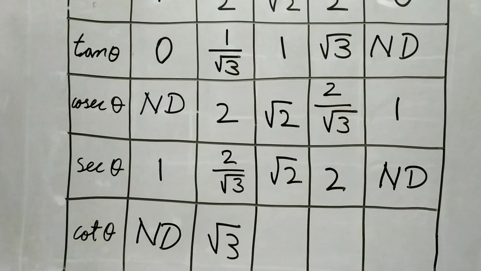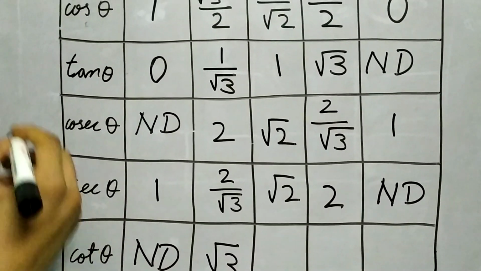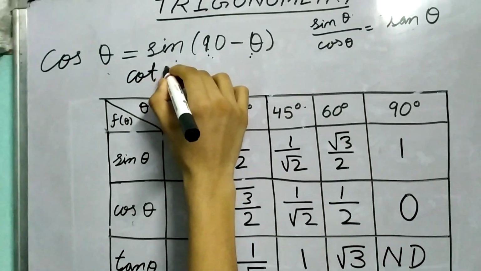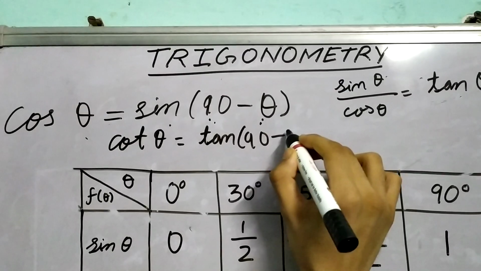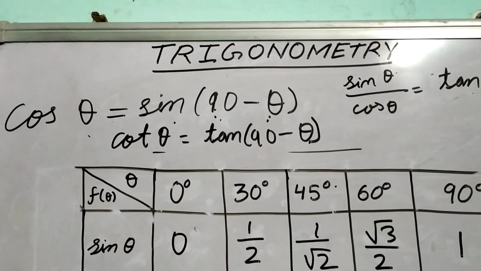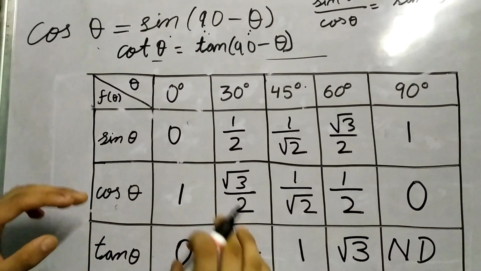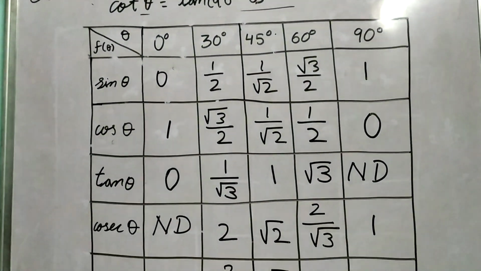Okay, and another way to prove this is that cot, we know the relationship, right? Cot theta is nothing but tan of 90 minus theta. Okay, we know this relationship, so we can just do the way we did for sine and cos. Okay, so we can do either way.